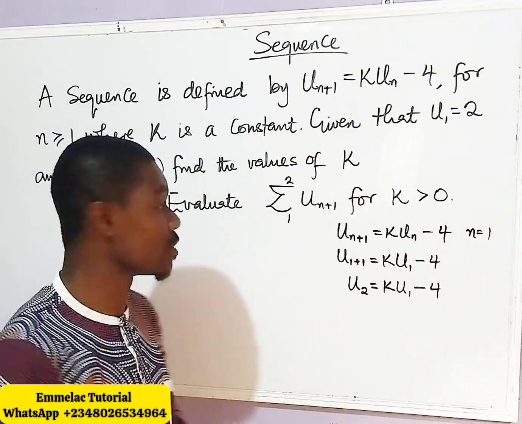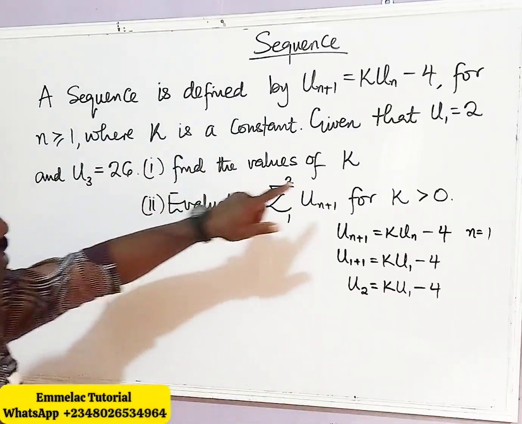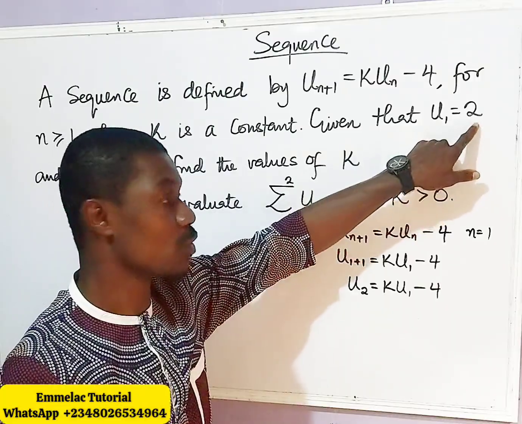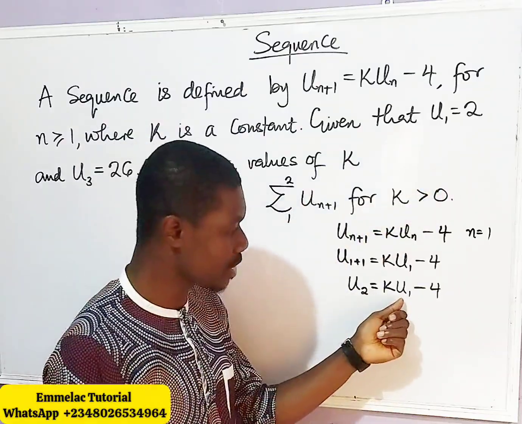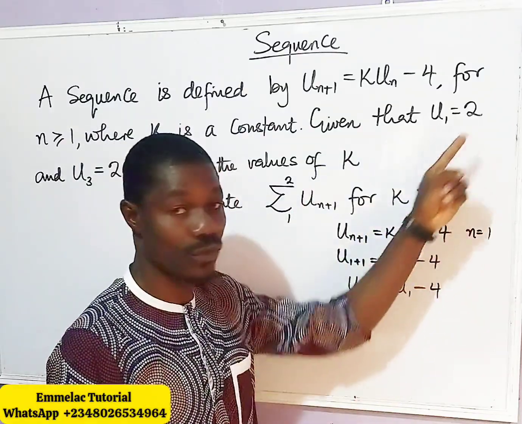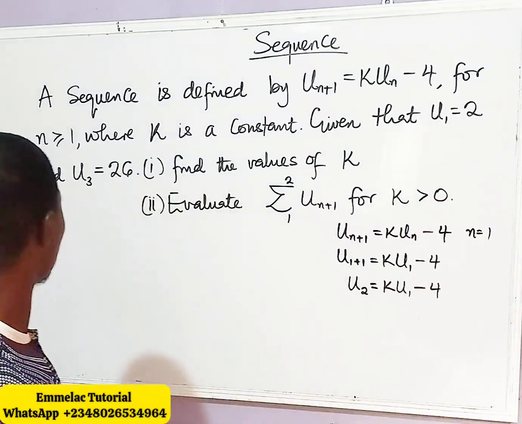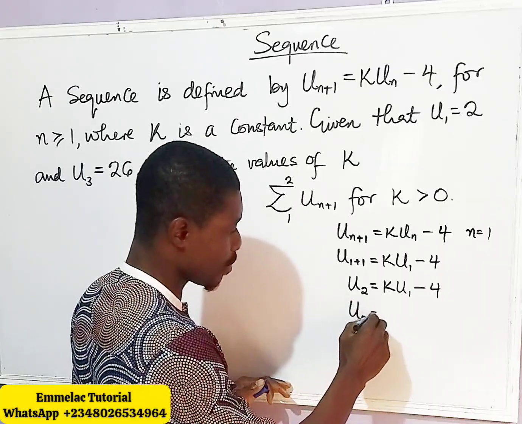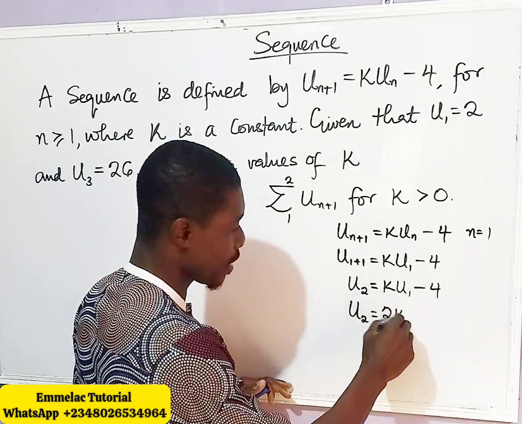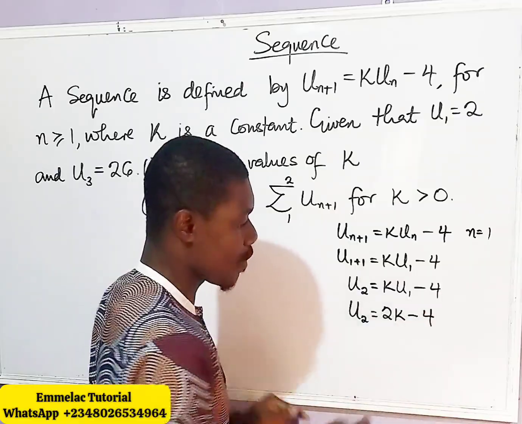Take note from the question that the first term, u sub 1, equals 2. So let us replace u sub 1 with 2. Then we have u sub 2 equals 2k minus 4.